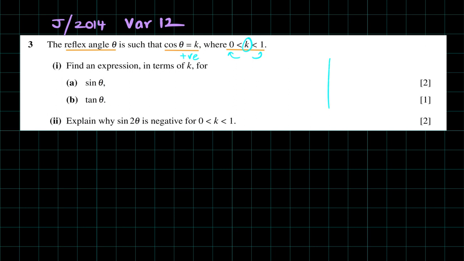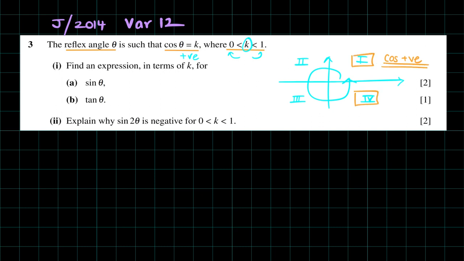Now, if I draw a diagram and I'll show the four quadrants, first, second, third, and fourth, they are labeled anti-clockwise. And cosine is positive in the first and in the fourth quadrant. A reflex angle is an angle that lies between 180 degrees all the way till 360 degrees.